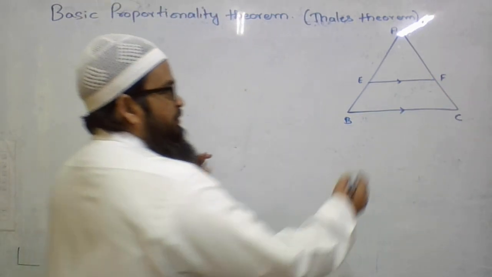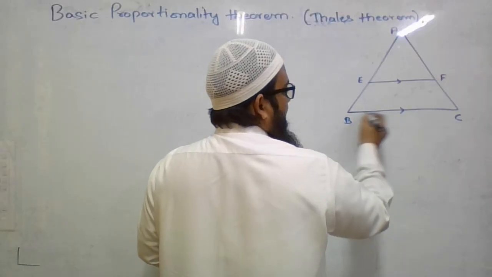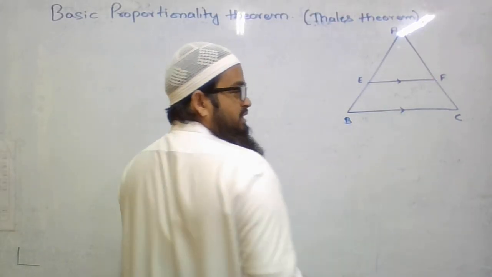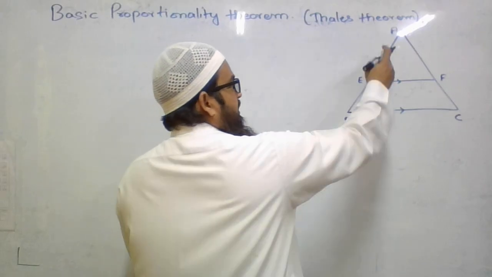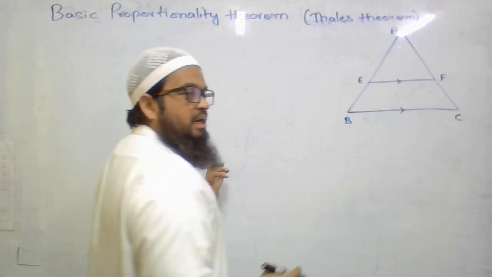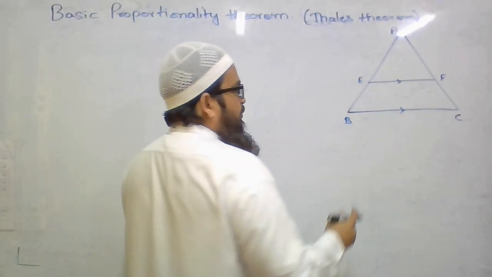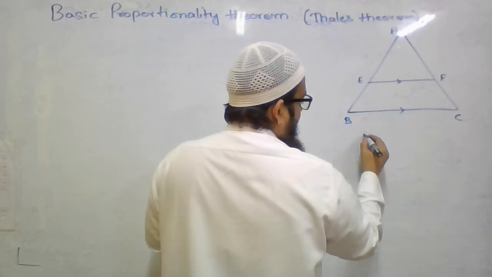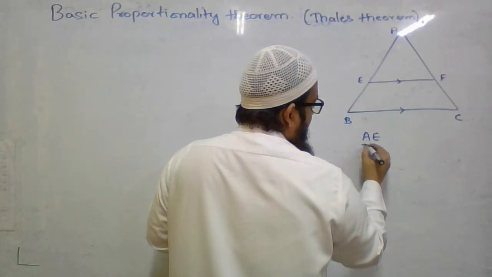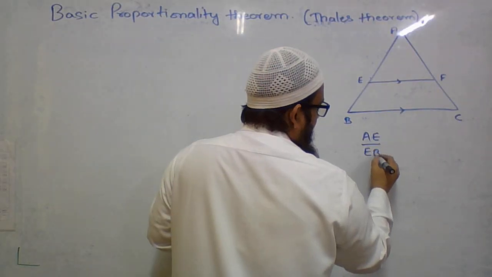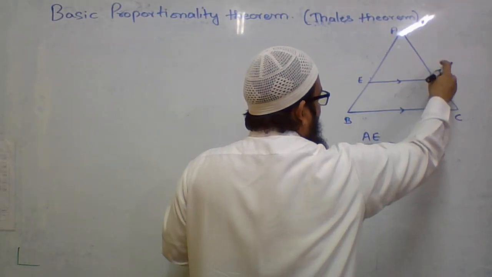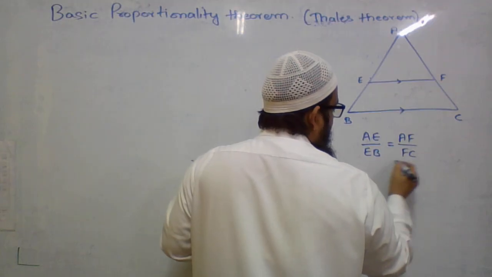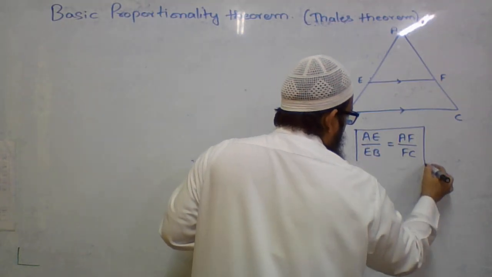That means, when you draw a line parallel to one side and it intersects the other two sides, then they are divided in proportion. So that means AE divided by EB is equal to AF divided by FC. This we call proportion.